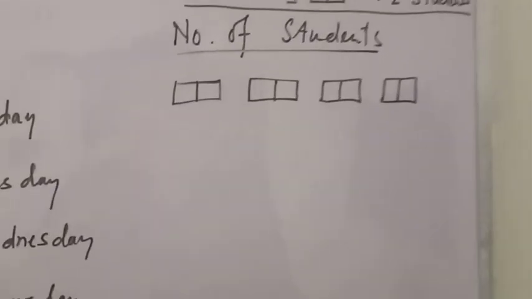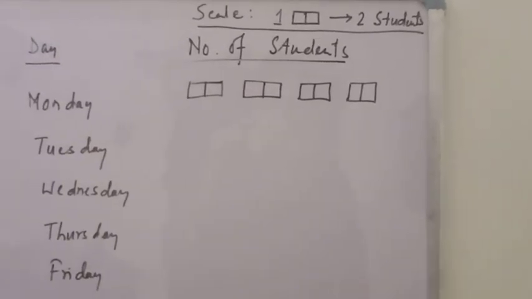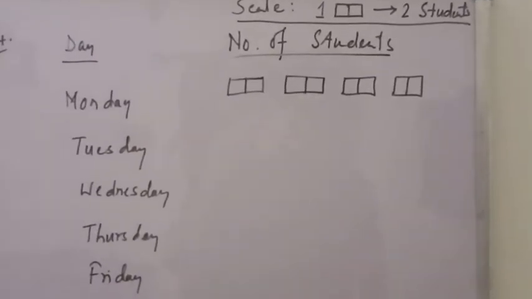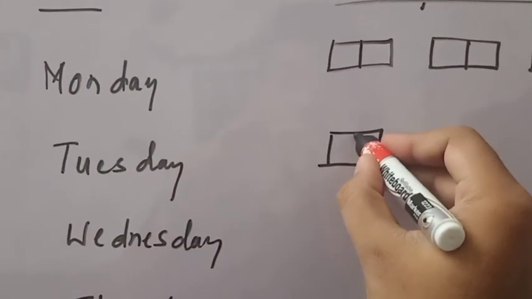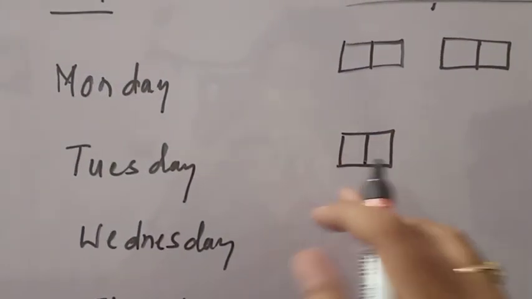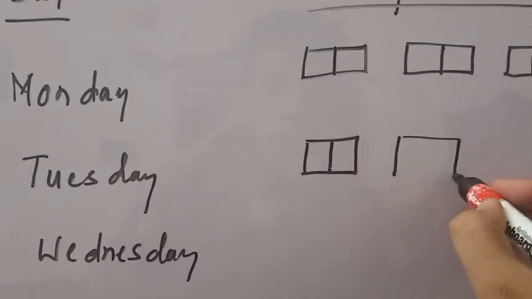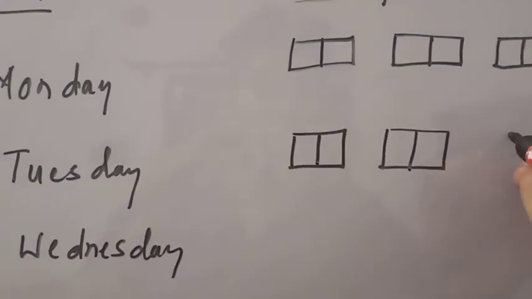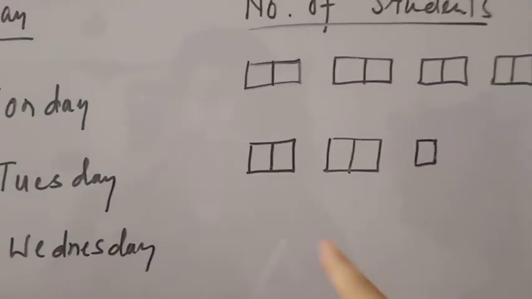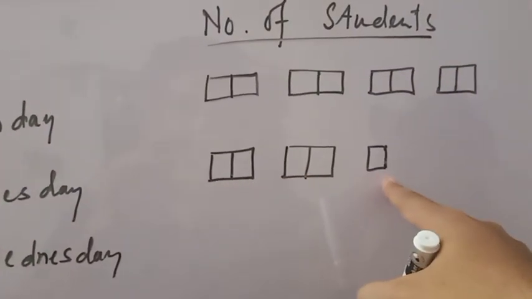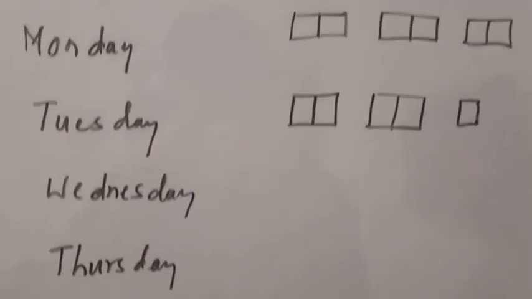That means 8 students. Next, in Tuesday, 5. So 1, 2 and a small box. Okay, 2, 2, 1. That means 5.